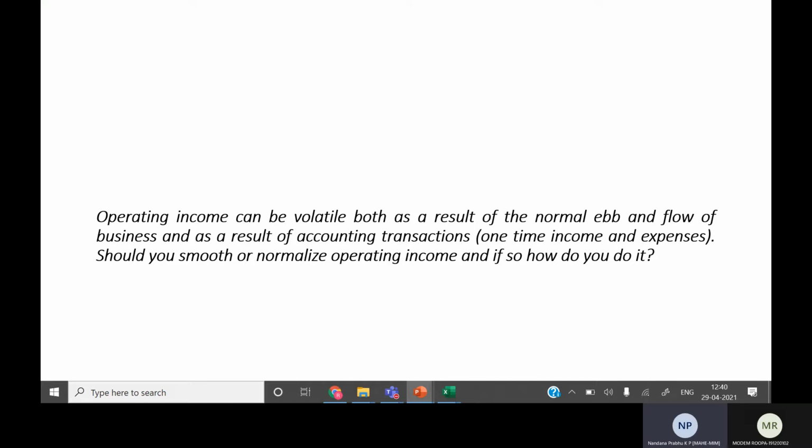Same thing with regard to expenses. Therefore, should you smooth or normalize operating income? And if so, how do you do it? So how should you normalize operating income? That is the question, if at all there is volatility in the operating income. Let us look at the next slide.